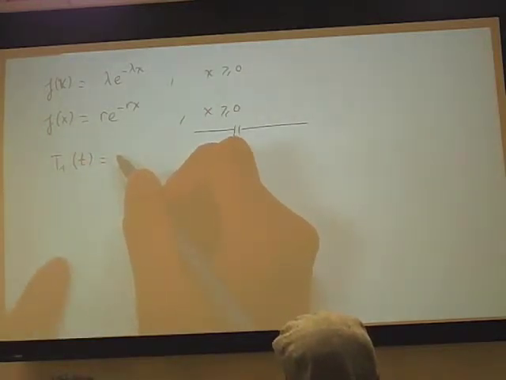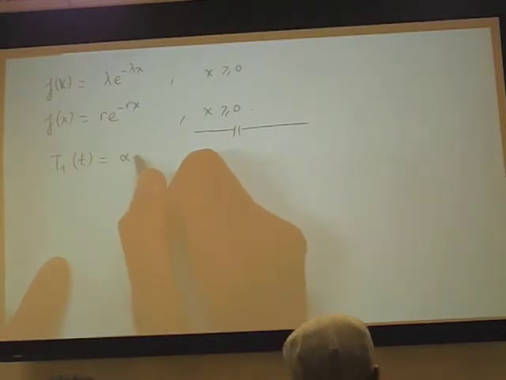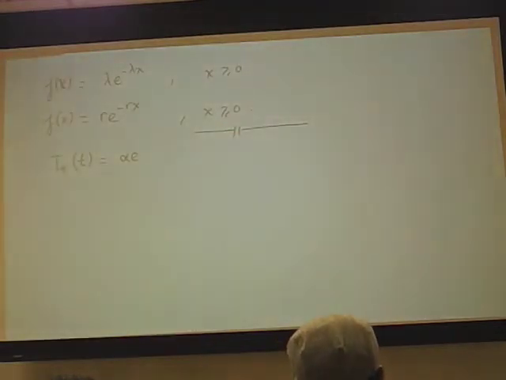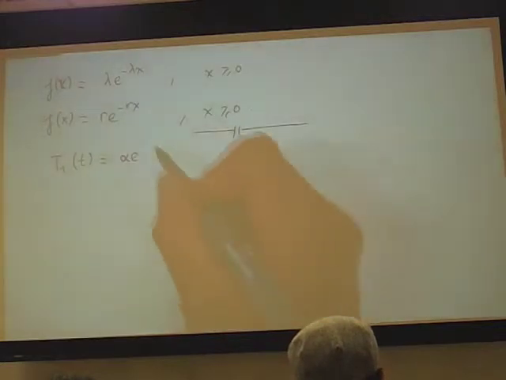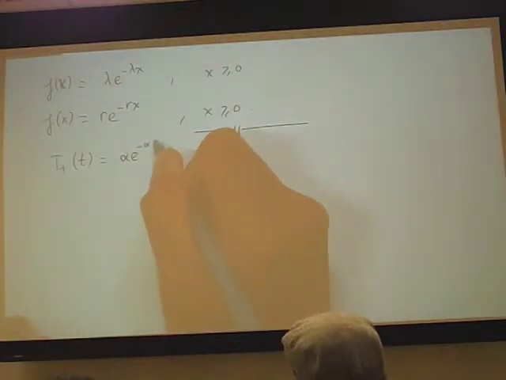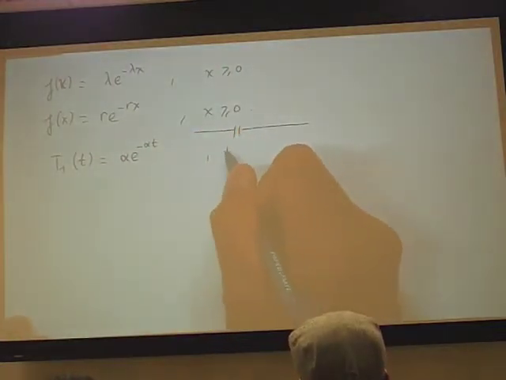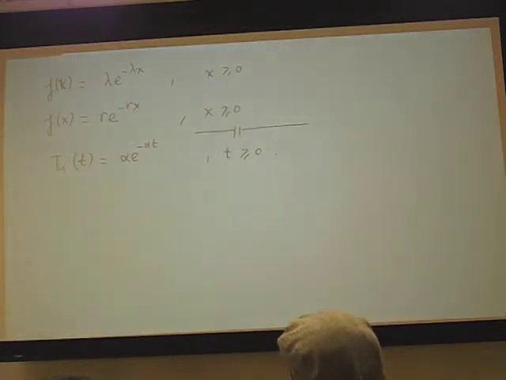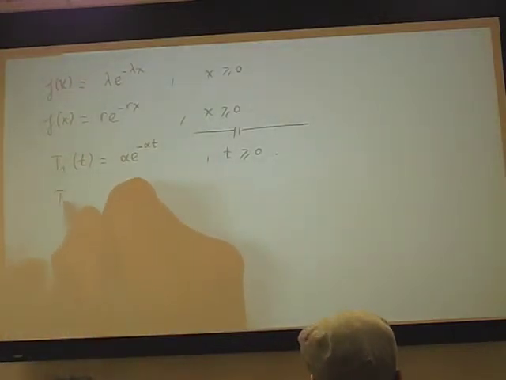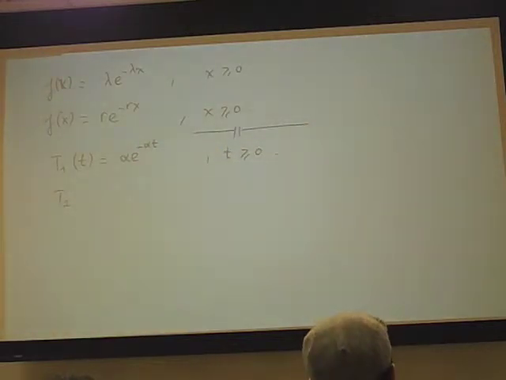So what does that mean? Alpha e to the minus alpha t, where t is bigger than or equal to 0. Is that clear? That's for t1. And now t2 is also exponentially distributed, but with parameter beta, right?